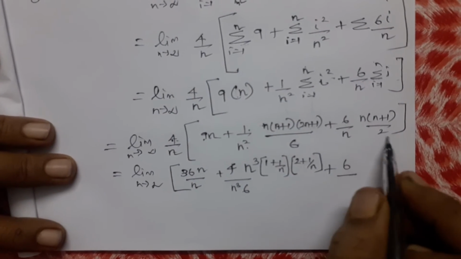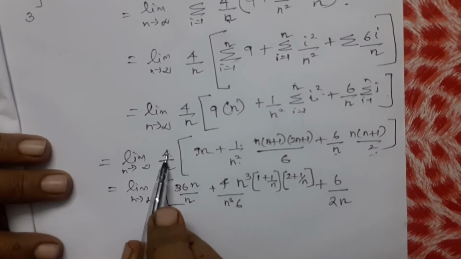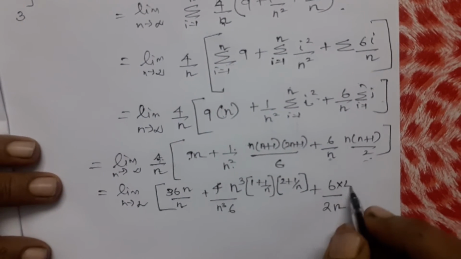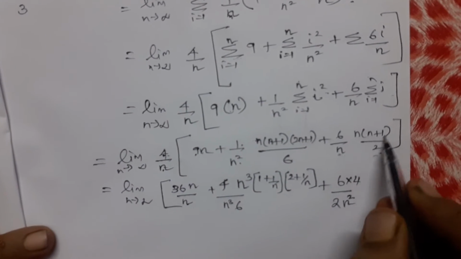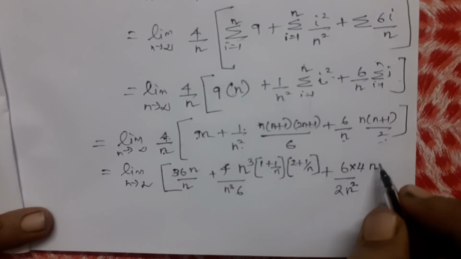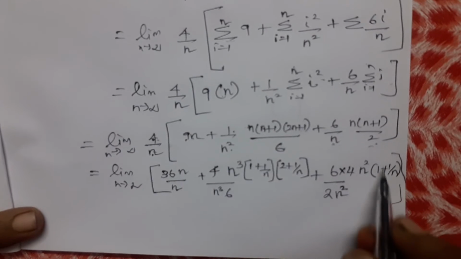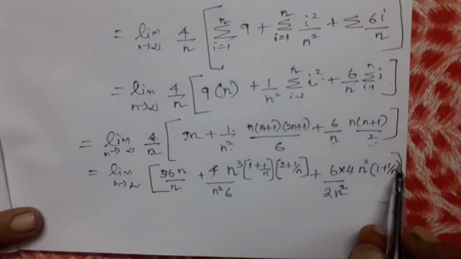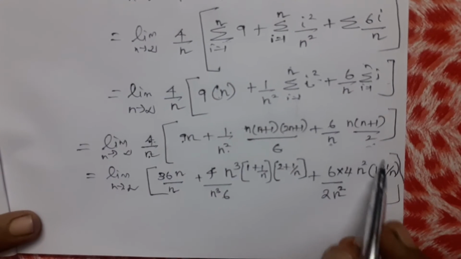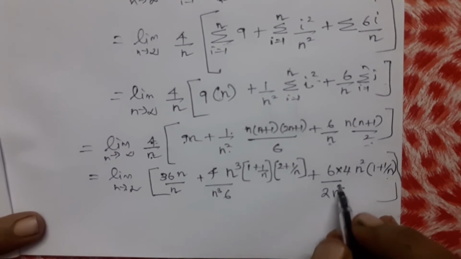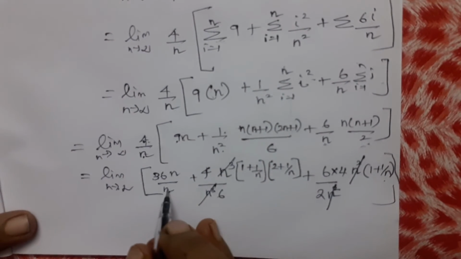Similarly, we have 2n in the denominator. From this bracket let me take n outside, so that n square into 1 plus 1 by n. It is always convenient to take n outside, because once we have 1 by n, after applying the limit, 1 by infinity will be 0. Here we can cancel n cube and n and n.